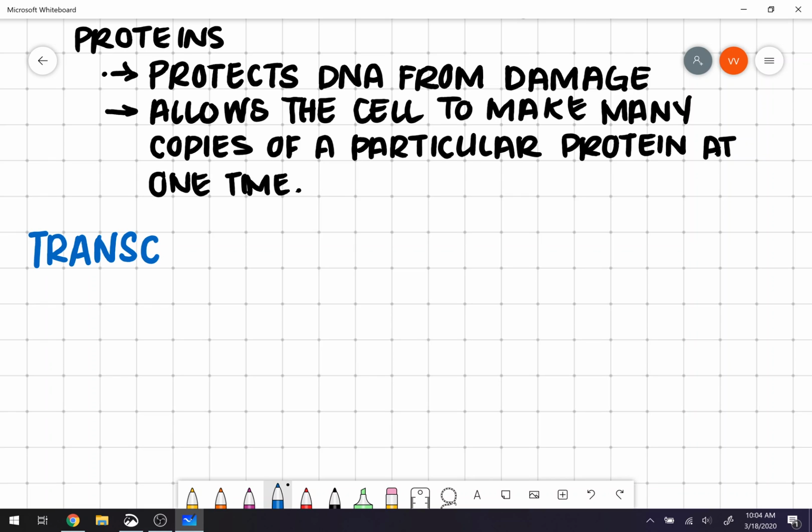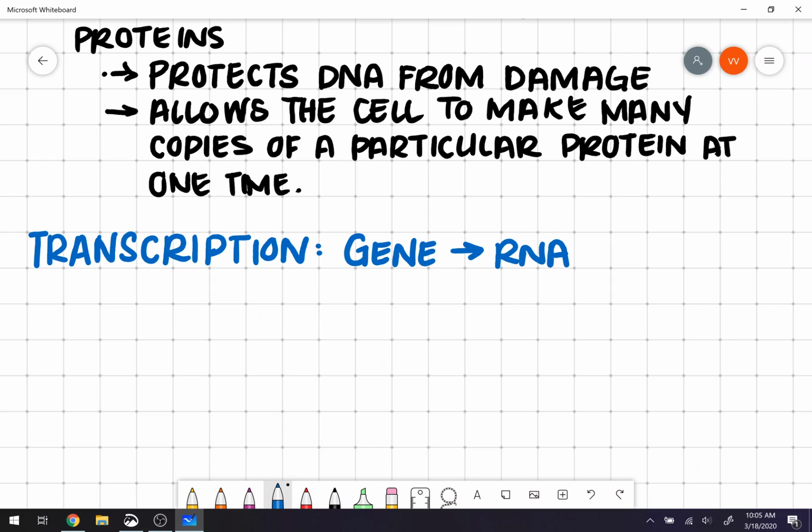Again, that is going from gene into RNA. Your genes are getting copied into a molecule of RNA.